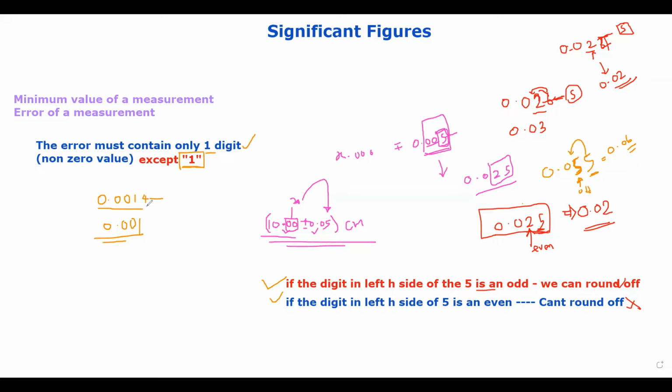What is the next digit? 4. So we have to put that value also, 0.0014, because we can't put 1 alone. We have to consider the next digit, which means right hand side of 1 also.